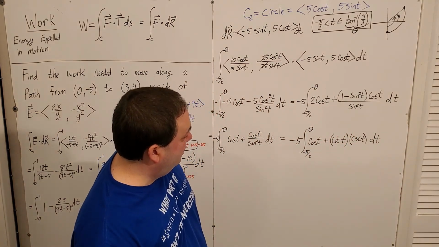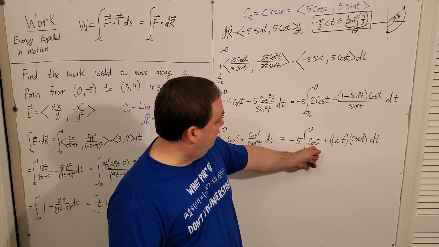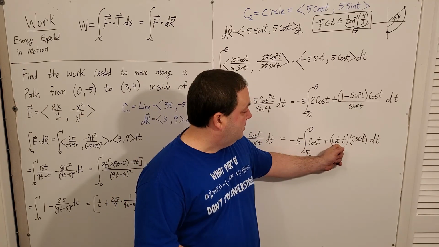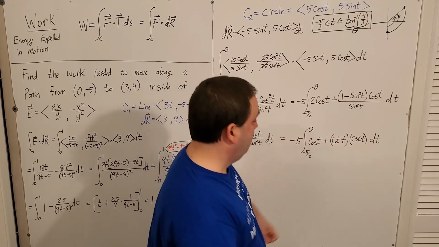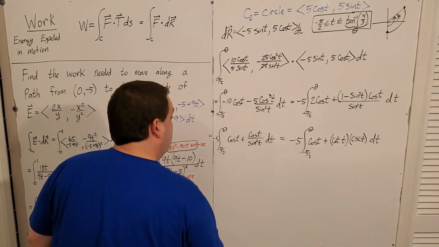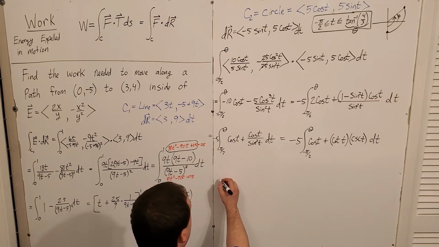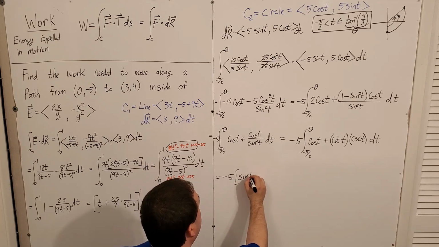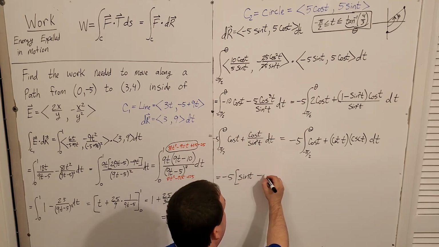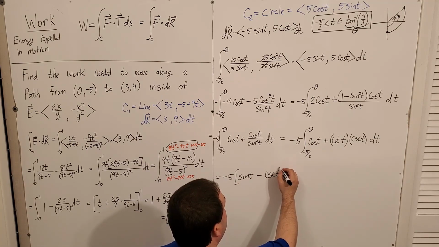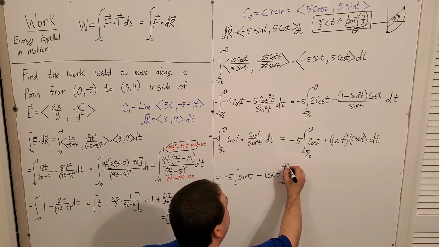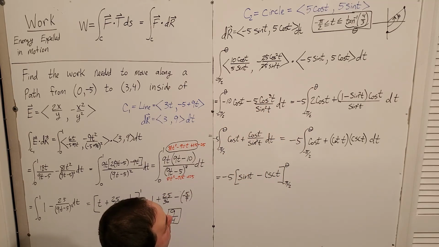Both of those are pretty straightforward antiderivatives, right? I can do the antiderivative of cosine, and then cosecant cotangent is the derivative of cosecant, right? Well, negative, of course. Okay, so I've got -5 sine t minus cosecant t. And that's evaluated from -pi/2 to that value of theta we had up there, the inverse tangent of 4/3.